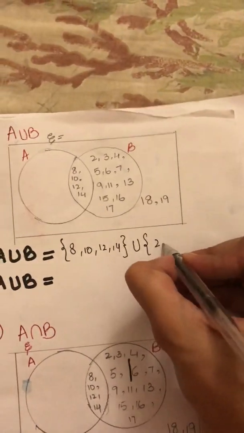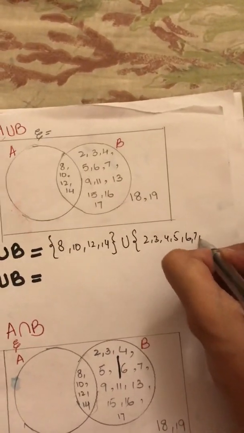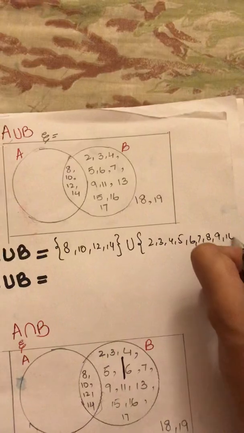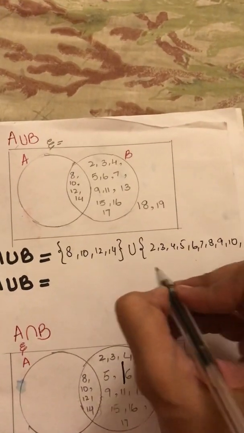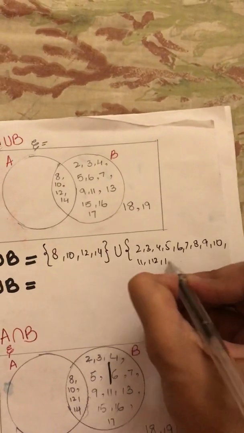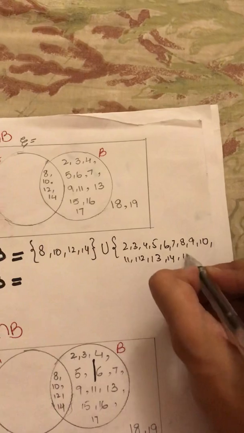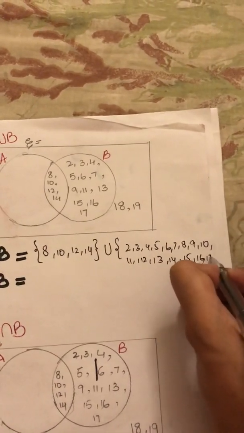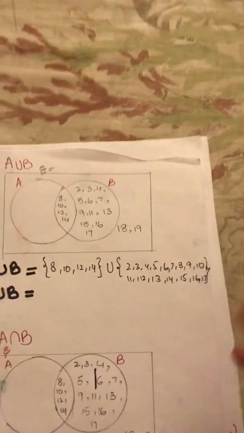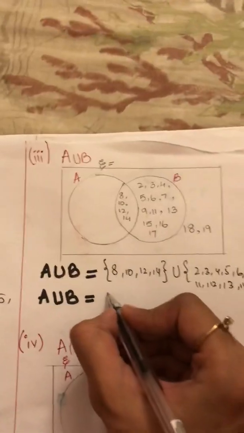This is 2, 3, 4, 5, 6, 7, 8, 9, 10, 11, 12, 13, 14, 15, 16, 17. Good. 18 and 19 are not part of A or B. We need to make this clear in our mind.